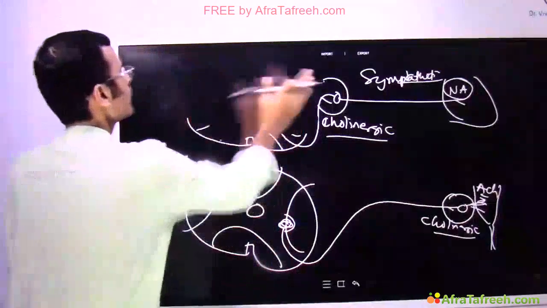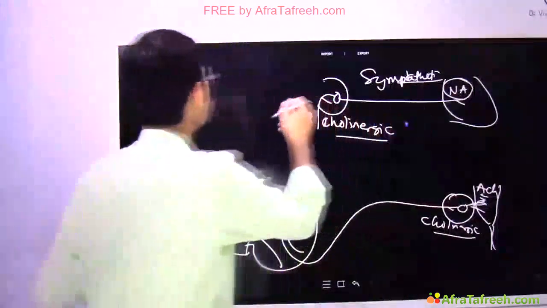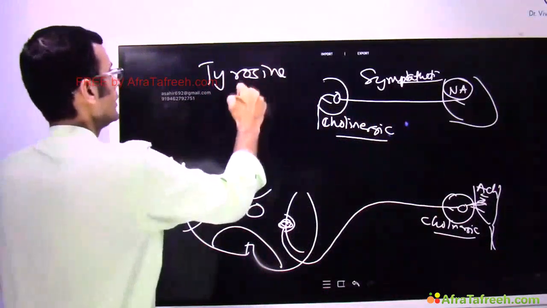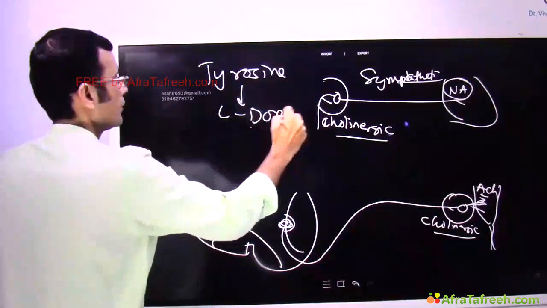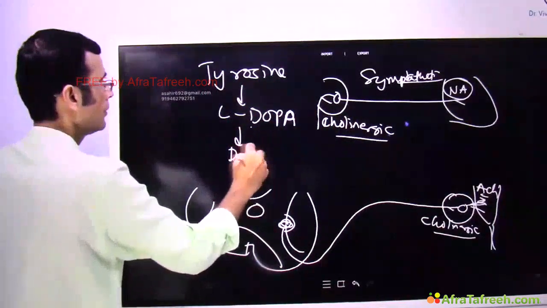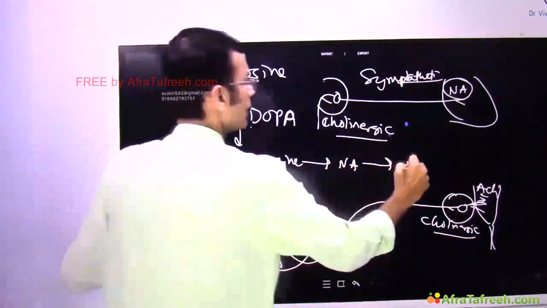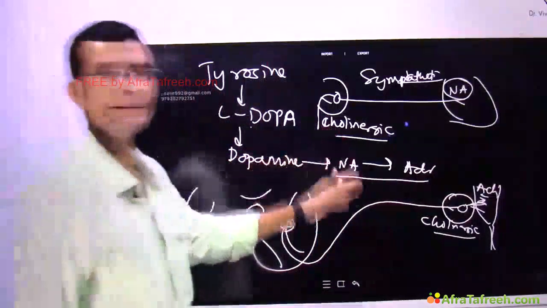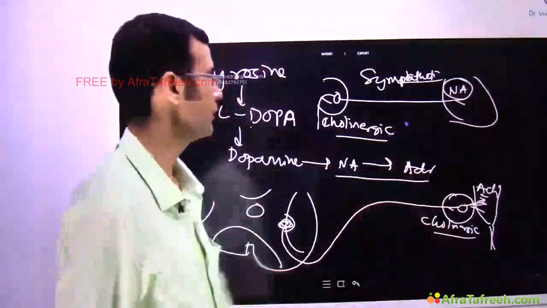So far as the receptors are concerned, just remember one thing: tyrosine is going to form noradrenaline and adrenaline. Tyrosine forms L-dopa, then dopamine, and then noradrenaline and adrenaline. Now conversion of noradrenaline to adrenaline needs an enzyme which is not present in the postganglionic sympathetic nerves.